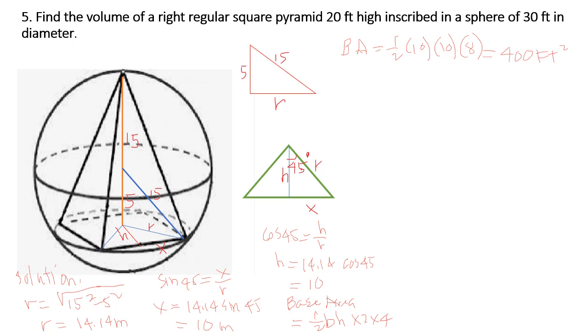So your volume equals 1/3 BH equals 1/3. Your base is 400 times 20, equivalent to 2666.67 feet cubed.